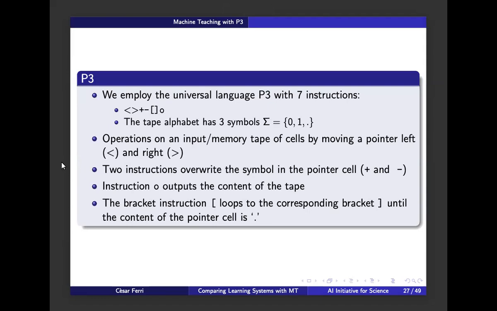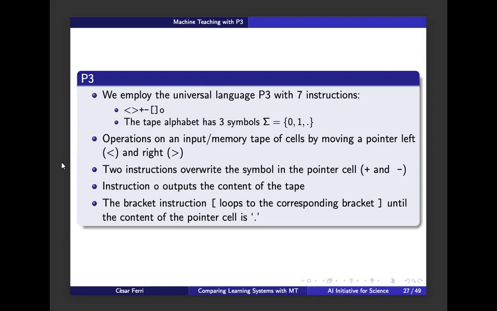So what is P3? P3, as I told you, is a variant of Brainfuck. It has only 7 instructions. We have two operators used to move a pointer, since we use an array in memory and have a pointer. Then we have two instructions used to increase or decrease the value at the pointer.